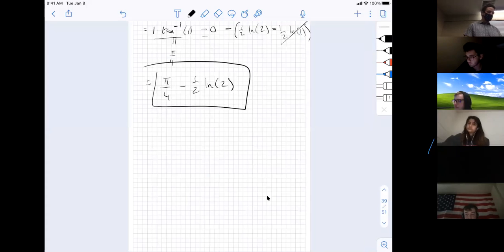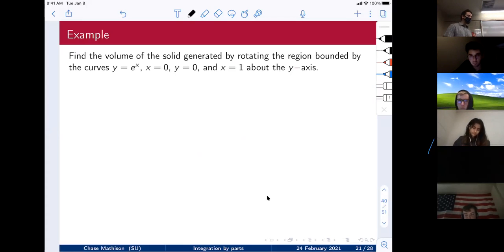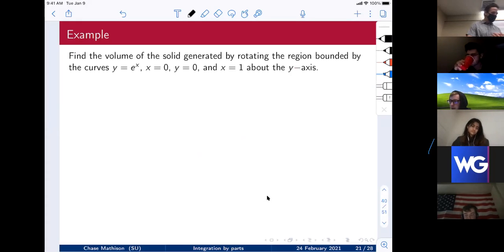Okay. So it also opens the door for us to do some more complicated volumes of revolution. So find the volume of the solid generated by rotating the region bounded by the curves y equals e to the x, x equals 0, y equals 0, and x equals 1 about the y-axis.